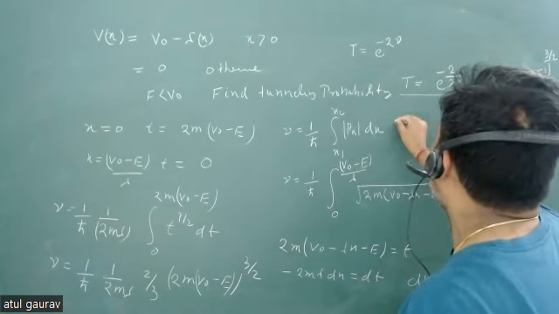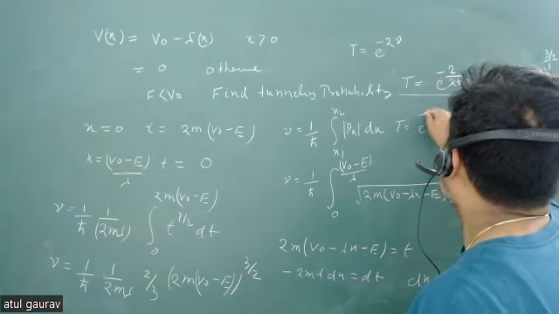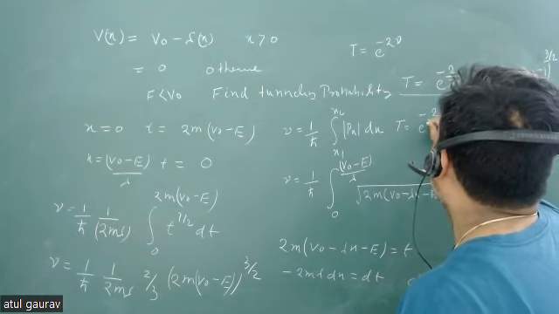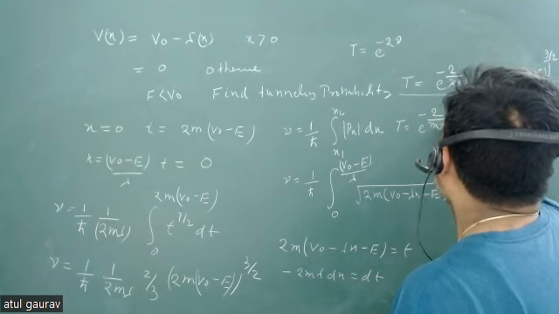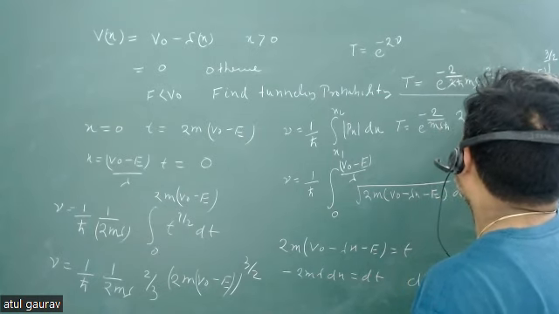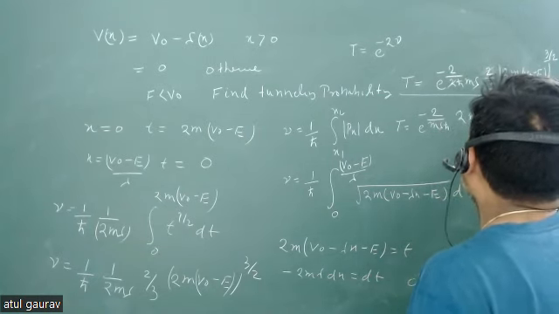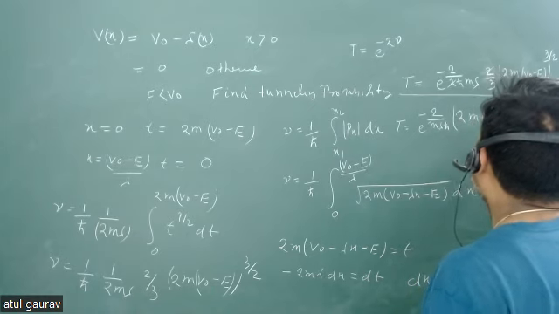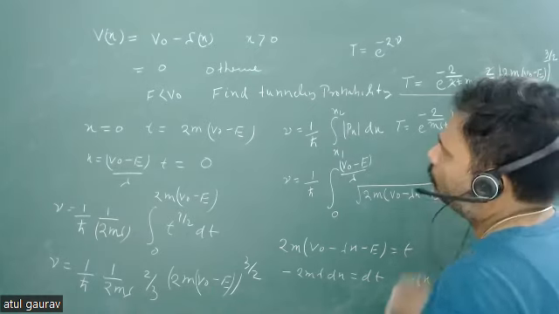So T is equal to something e to the power minus 2 upon m lambda h cut, (2m(V naught minus E)) to the power 3 by 2.